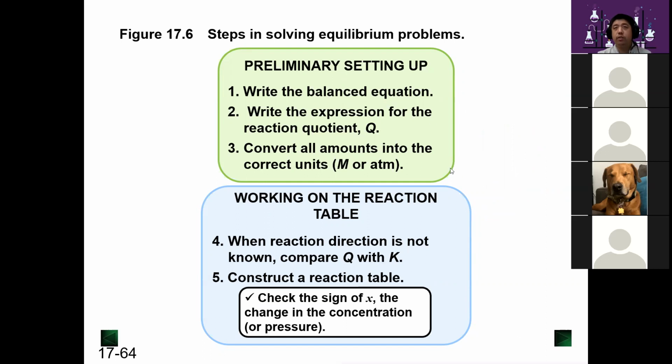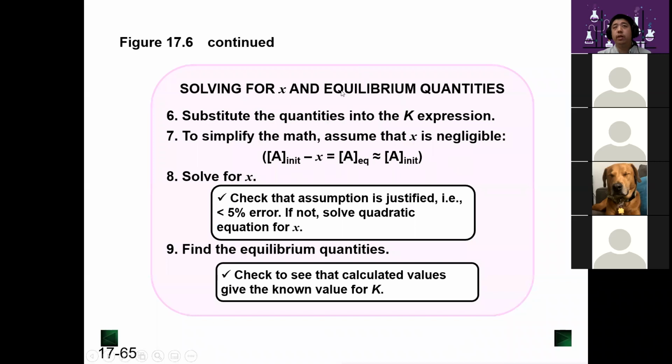Your coefficients will determine whether you are doing minus 1x, plus 1x, minus 2x, or plus 2x, whatever the numbers are. Last, when you're trying to solve for your x itself, you put in the values for your K. If you can make your assumption rule, make your assumption rule. Or if you can do something to eliminate the need to do quadratics, go ahead and do so.